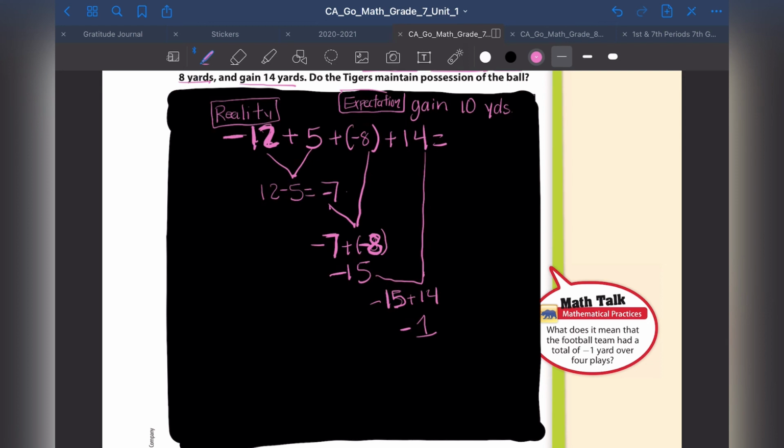The reality was negative 1 yard, which means they lost. So negative 1 is obviously less than 10. So did they maintain possession of the ball? They did not.